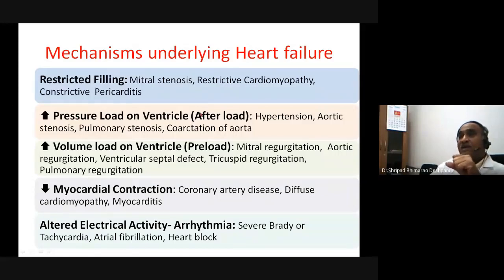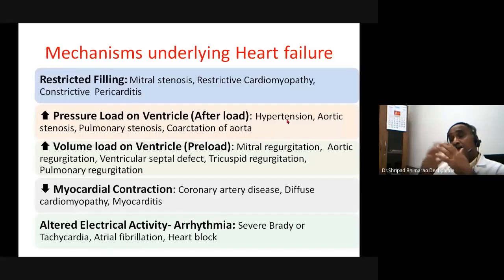Then we have another condition called afterload. What is afterload? It means there is an increased pressure load on the ventricle. How does a pressure load build up in the ventricle? Because of hypertension, as it has to work against high resistance. Normally, the left ventricle ejects blood against 120 millimeters of mercury, the highest systolic pressure. The mean arterial pressure is somewhere around 93 or 95 millimeters of mercury.